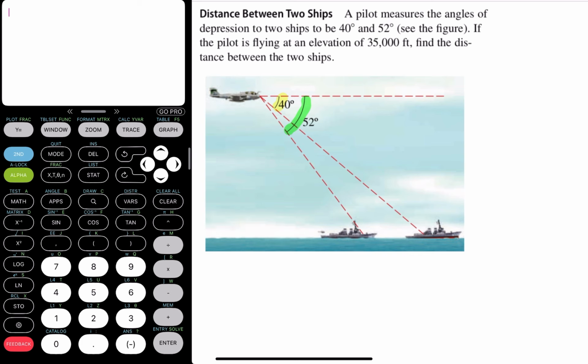If the pilot is flying at an elevation of 35,000 feet, that means he's straight above the water, 35,000 feet. Then what I can do is I can just say that this is 35,000 feet, and also this is 35,000 feet.